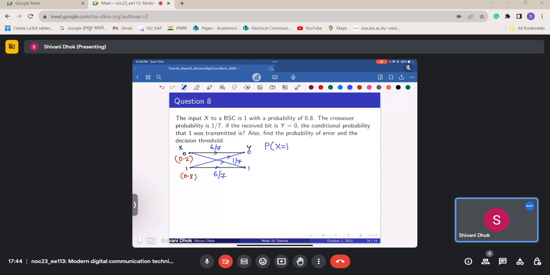So after seeing y equal to 0, what is the probability that the transmitted bit was 1? That is the probability that x equal to 1 given y equal to 0. Now I can write this as the probability that y equal to 0 given x equal to 1, multiplied by the probability that x equal to 1, divided by the probability of y equal to 0, and this comes from Bayes rule.